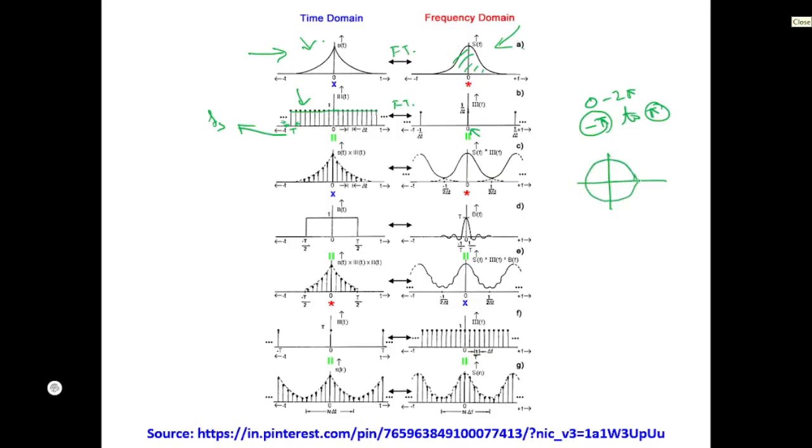This is 0, we go here, this is pi, and when you go like this, we have minus pi. I told you the sampling frequency should be related to the maximum frequency, the Fm component, so half of this. So we will have this signal component, these 2 bars at minus pi and pi.